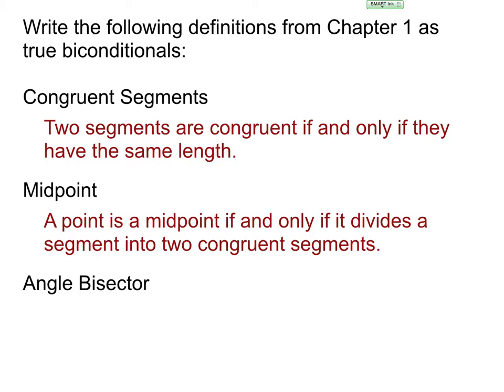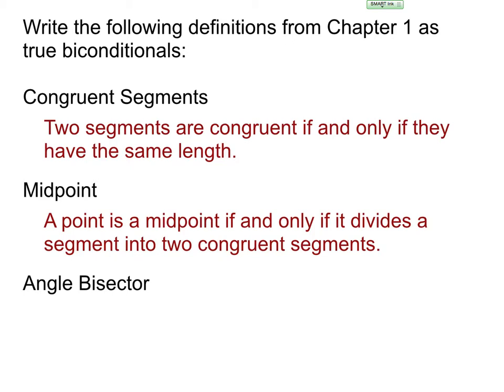And the last thing we'll do from this section today anyway is the angle bisector definition with the words if and only if involved. So think how we did this last one. I started out with a point is a midpoint. How would you start out the angle bisector? What is an angle bisector? It's a ray. So maybe start: a ray is an angle bisector if and only if.